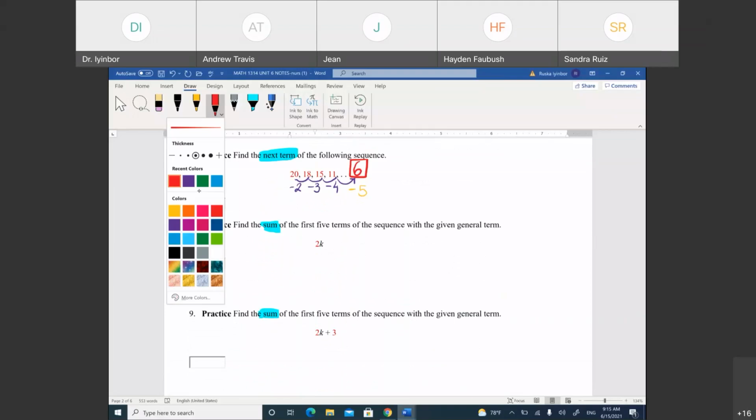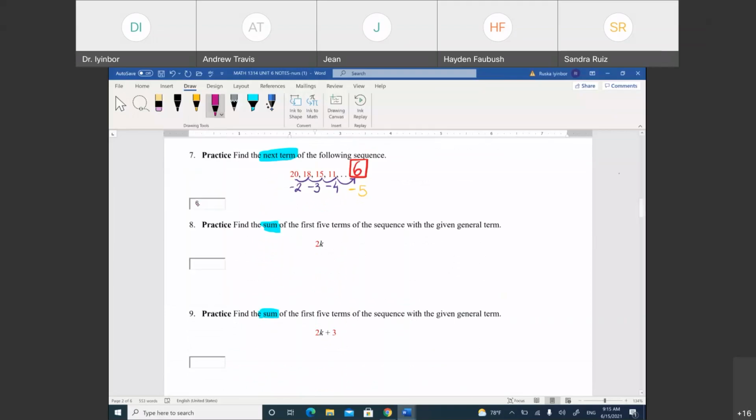That means I'm going to use 5 numbers to add, the first 5. This is the keyword, first 5 terms with the given general term. General term means the formula. So the general term is 2k. That's your formula. The general term gives you the formula for how to calculate each number in that sequence. Okay?